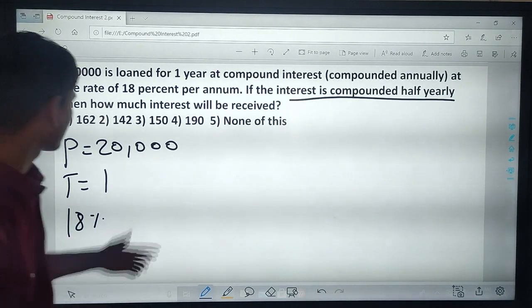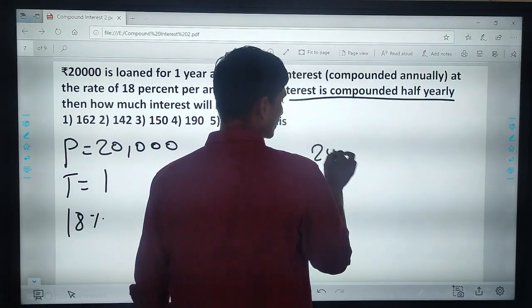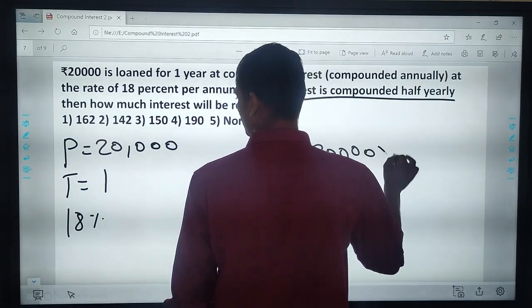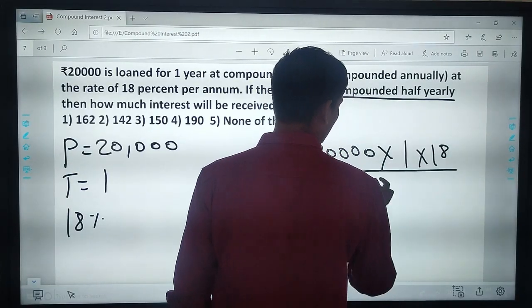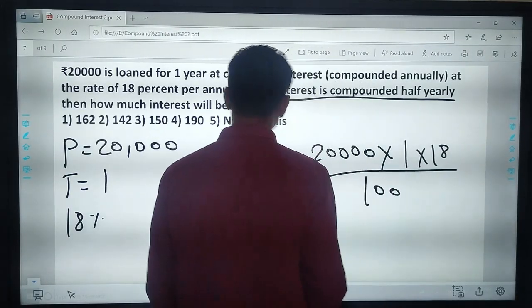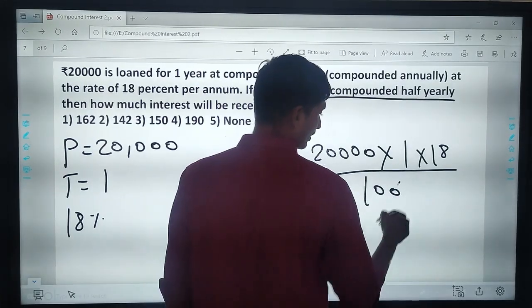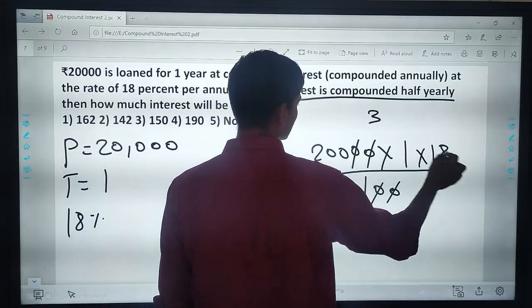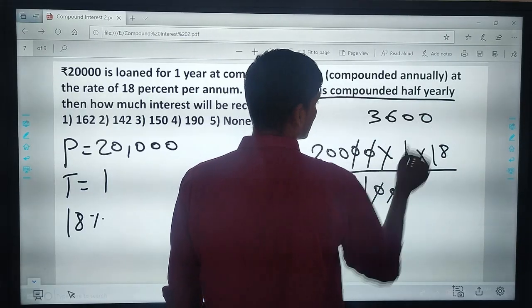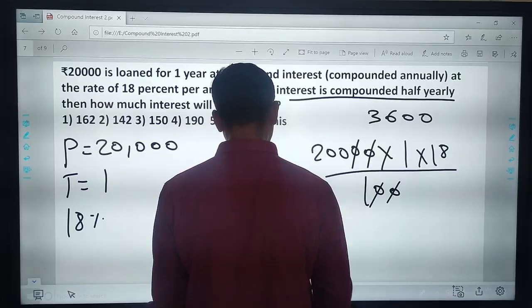Your first interest is 20,000 into 1 into 18 divided by 100. Now your interest is 3,600.